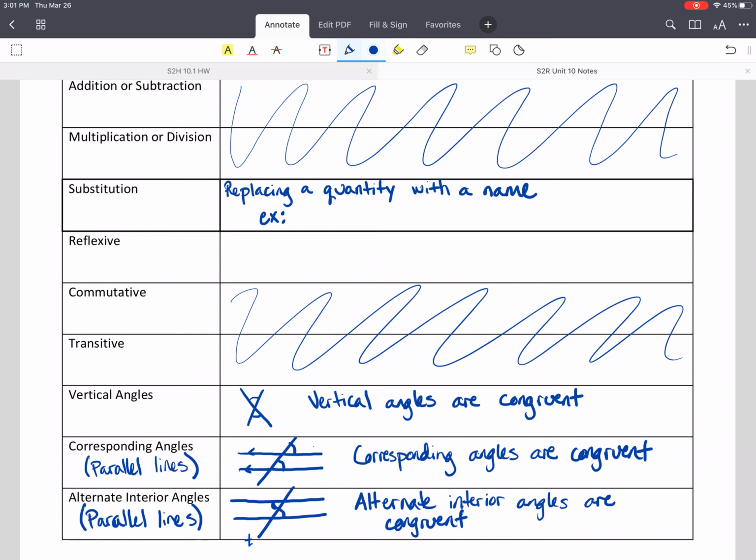So if I know that JK is equal to 5, and I have 5 over 7, well, later I can call that JK over 7. That might not make sense right now as to why we're going to use it, but on the next page, it'll make some sense.